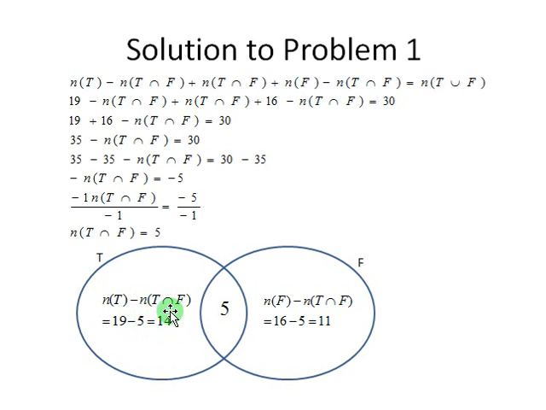So write 14 in this region, and following the same procedure for determining the number of those who play only tennis, I get 11 as the number of students who play only football, and the number 11 is written in this region.